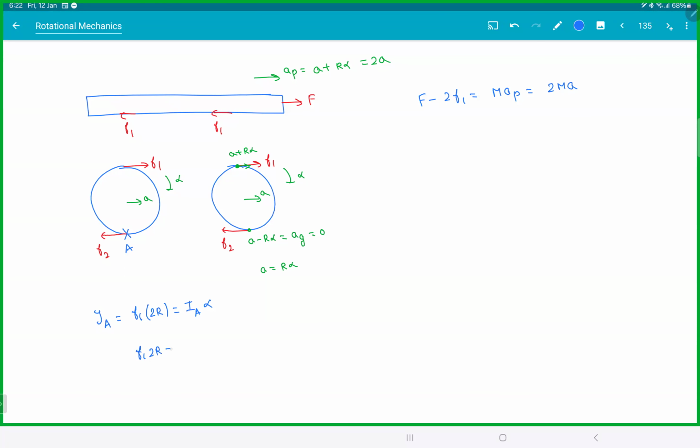So F1 into 2r is, for a solid cylinder, by parallel axis theorem, 3mr square by 2 alpha. We might get a good answer. This F1 will be 3mr alpha by 4, which is 3ma by 4, because A is equal to R alpha. Take this and dump it here. F minus 3ma by 2 is 2ma. 7ma by 2.